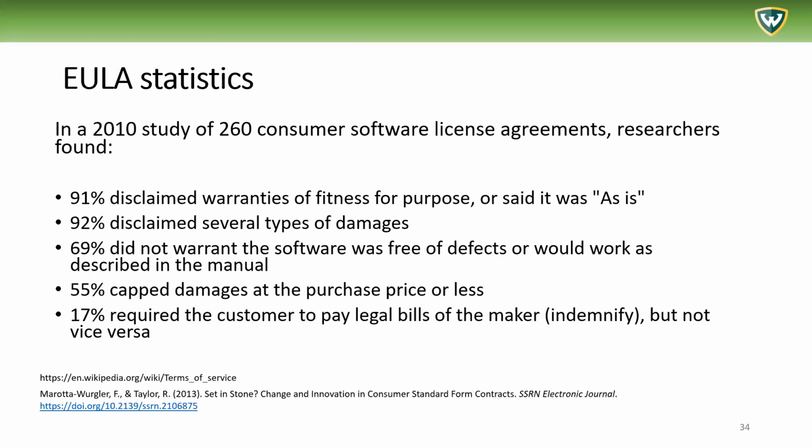In a 2010 study of 260 consumer software license agreements, researchers found that 91% disclaimed warranties of fitness for purpose, or said it was as is. So most of them use this kind of language just to remove liability for wrong use. 92% disclaimed several types of damages. 69% did not warrant the software was free of defects or would work as described in the manual.